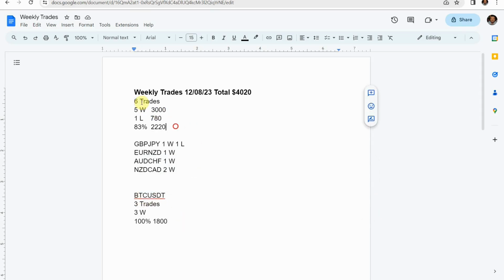And for that week, we did 6 trades altogether with 5 winning trades, 1 losing trade for an 83% win rate. Total gain would have been $2,220 on the Forex side. On Bitcoin, we had 3 trades with 3 winners, 100% win rate with an $1,800 gain for a total gain of $4,020. And so again, that would have been a really nice takeaway for anybody for the week.